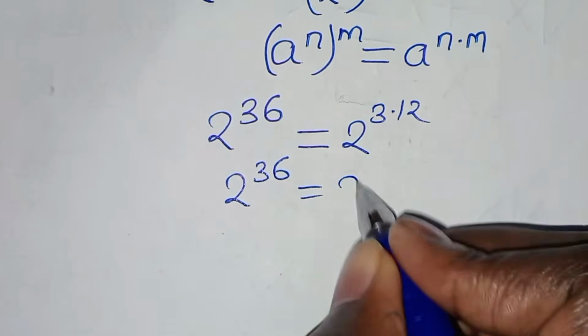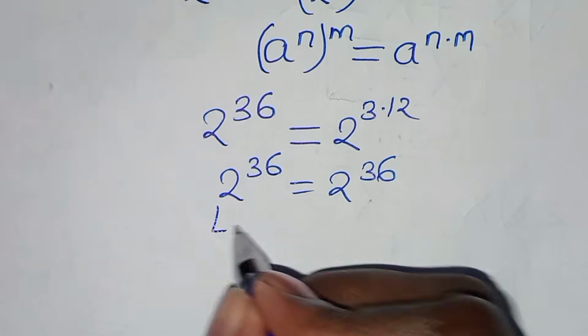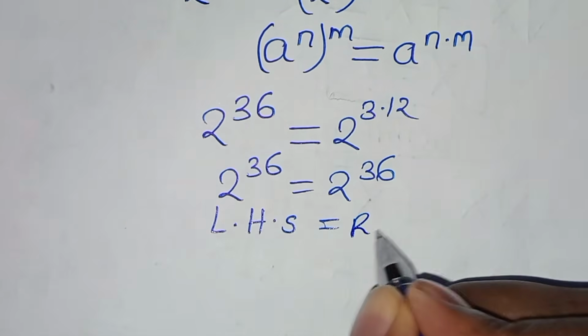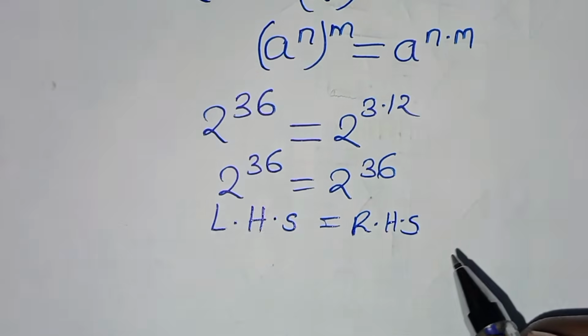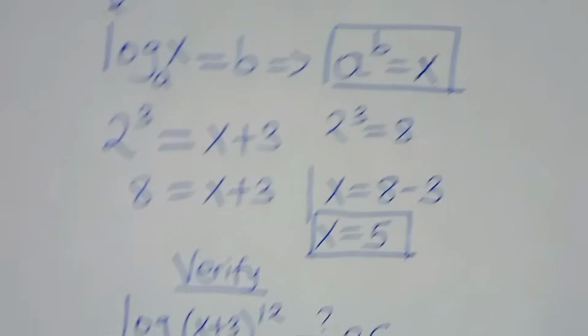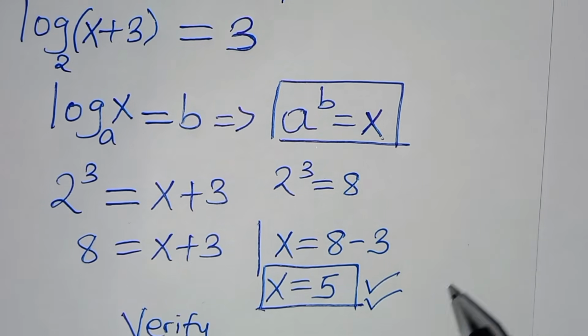This is equal to 2 to the power 36. So this implies that the left hand side is equal to the right hand side. And this implies that the value of x, which is equal to 5, satisfies the equation.